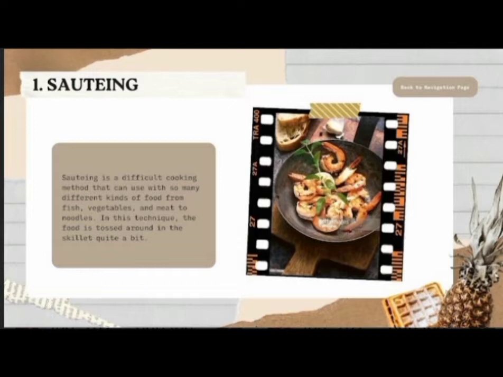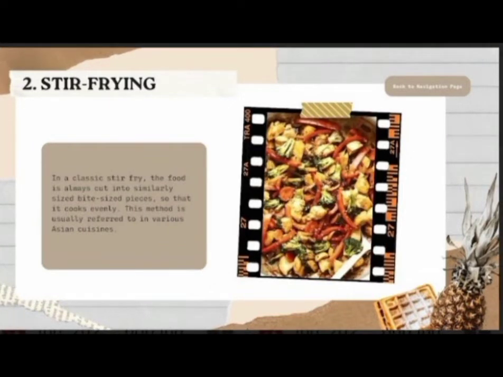So next is stir frying. In a classic stir fry, the food is always cut into similarly sized bite-sized pieces so that it cooks evenly. This method is usually referred to in various Asian cuisines.